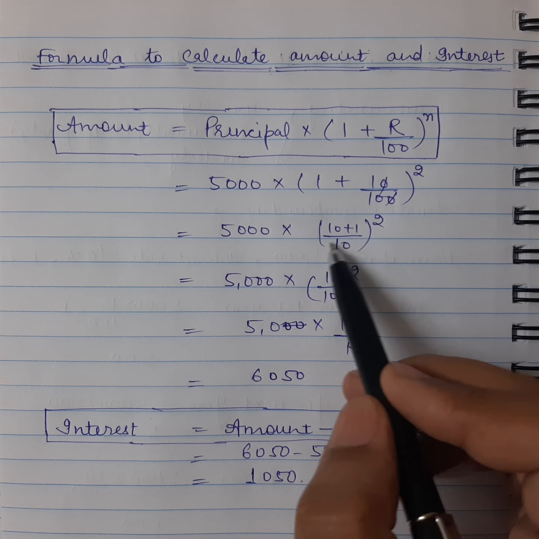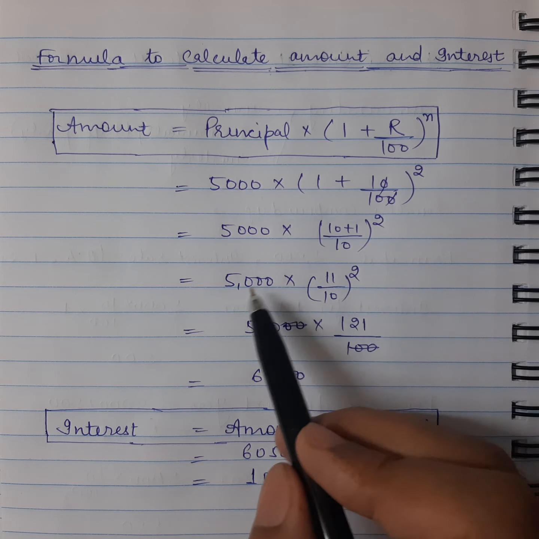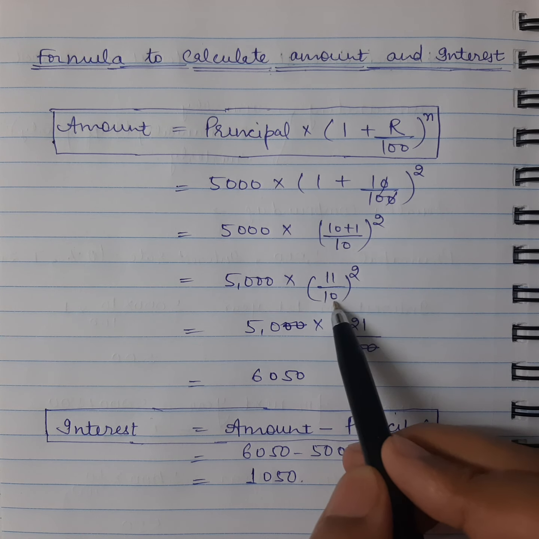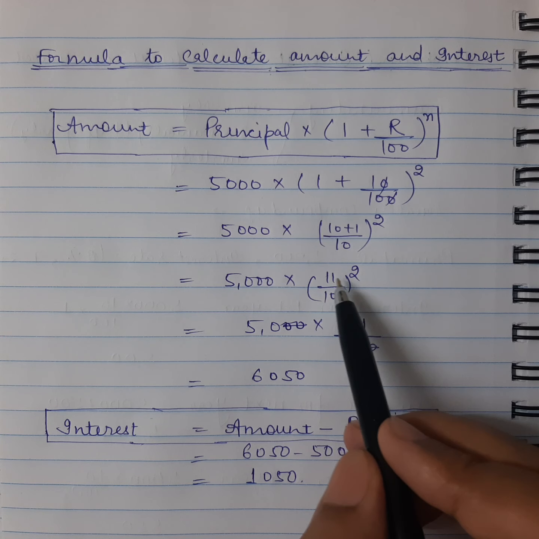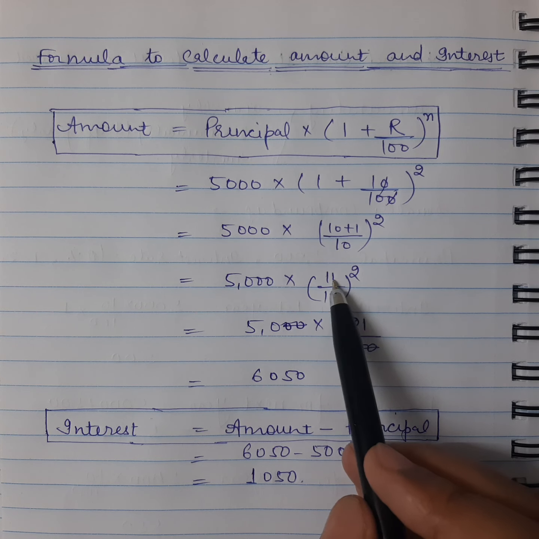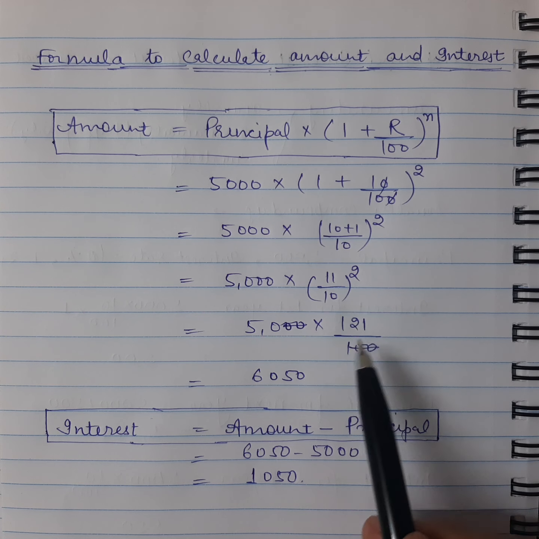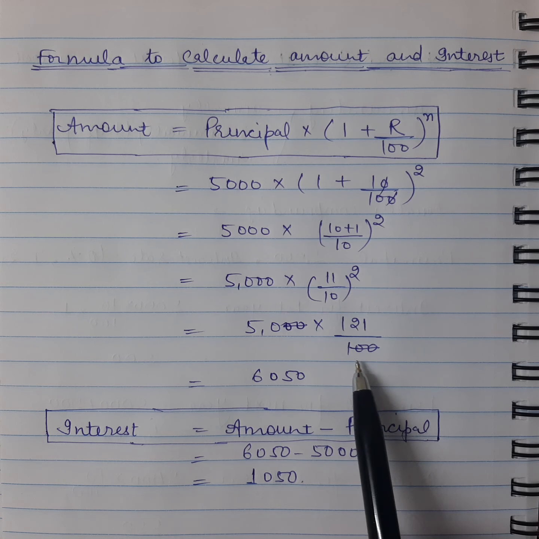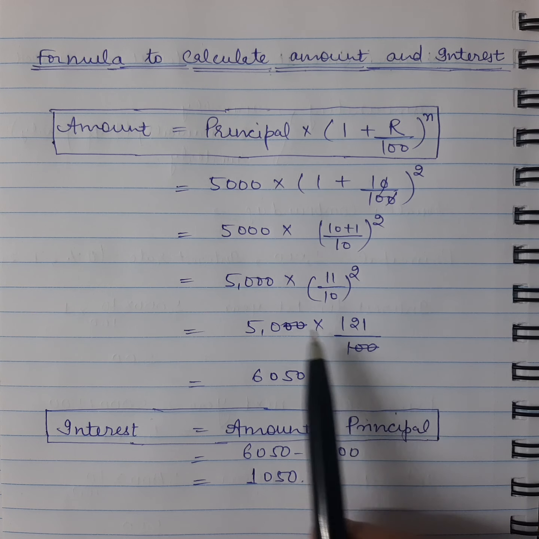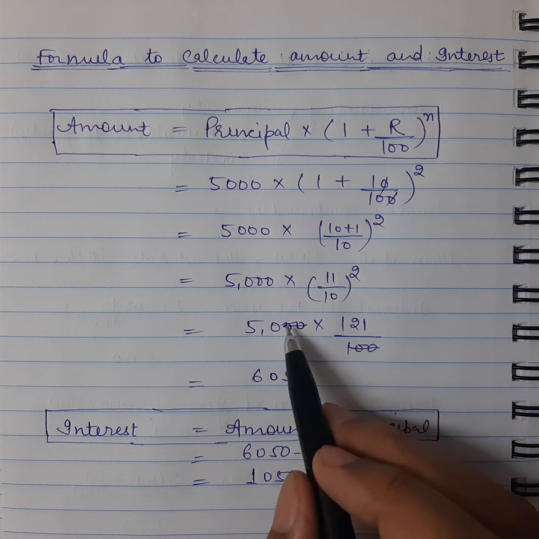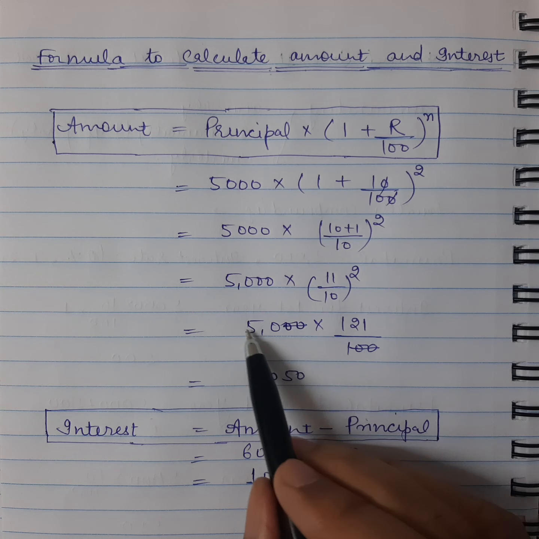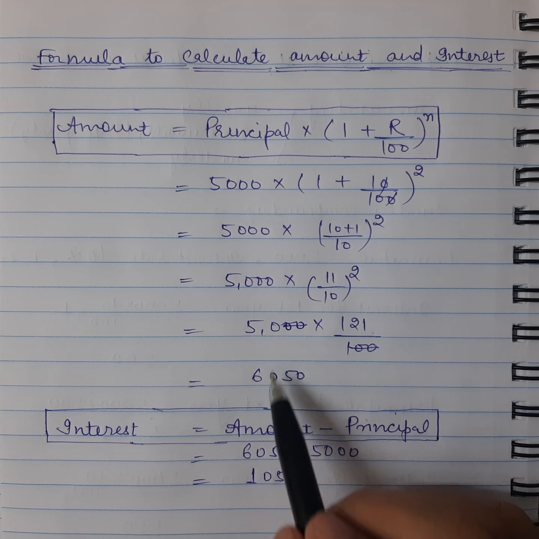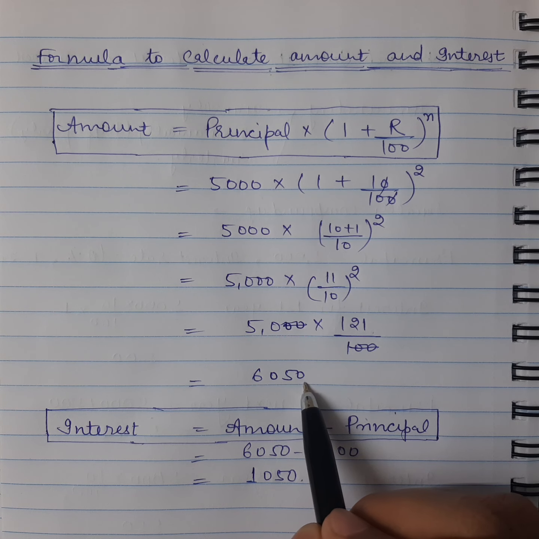So 10 plus 1 divided by 10 raised to the power 2. Then 5,000 multiplied by 11 (10 plus 1 is 11) divided by 10 raised to the power 2. If we take the square of 11 and the square of 10, we'll get 121 and 100. Then we reduce 20 with 20 of 5,000. The remaining number is 50. If we multiply 50 with 121, we'll get 6,050.